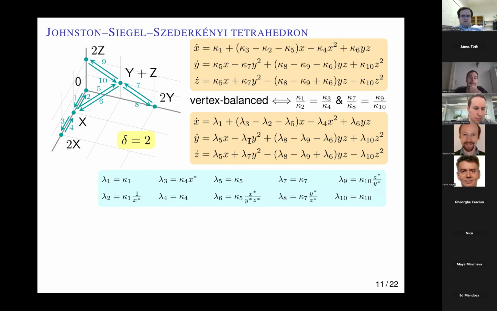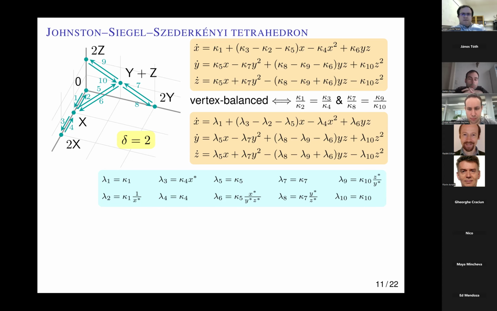My claim here is, if I take the same network, but I redefine the rate constants, the original kappa 1, kappa 2, and so on up to kappa 10, as shown here, where x star, y star, z star is just an equilibrium, which I know exists because it's a reversible network.